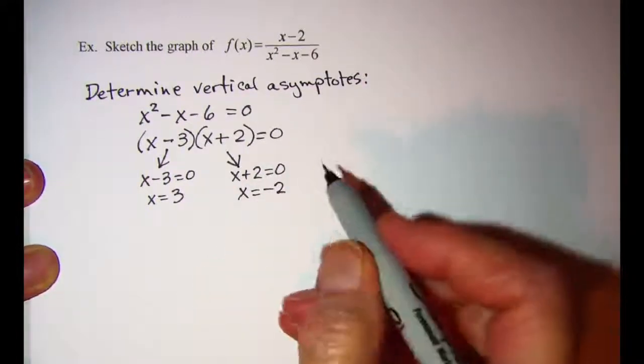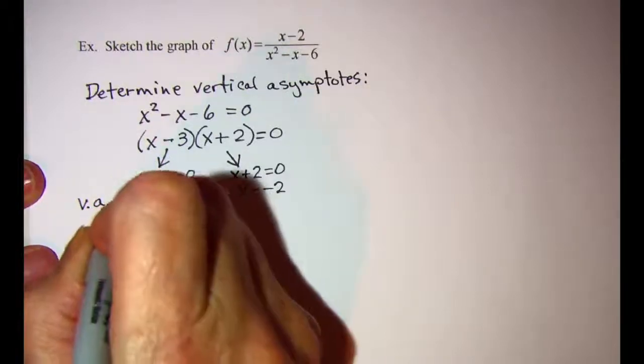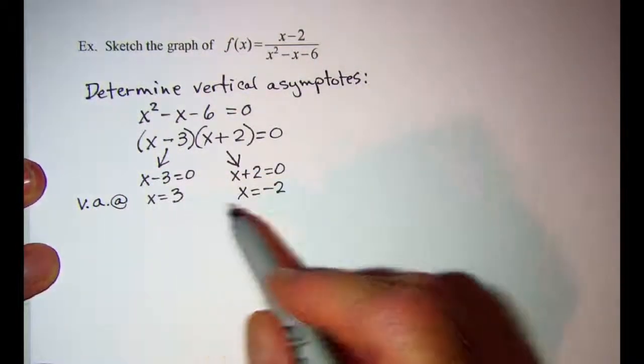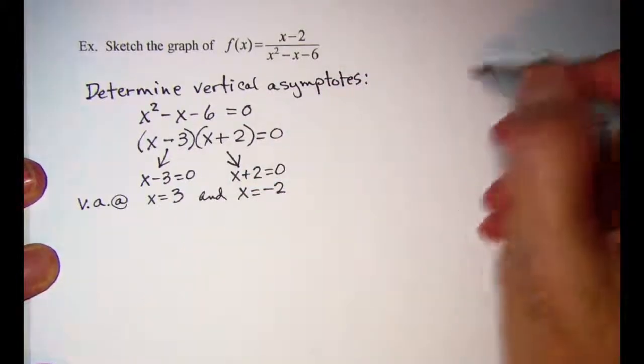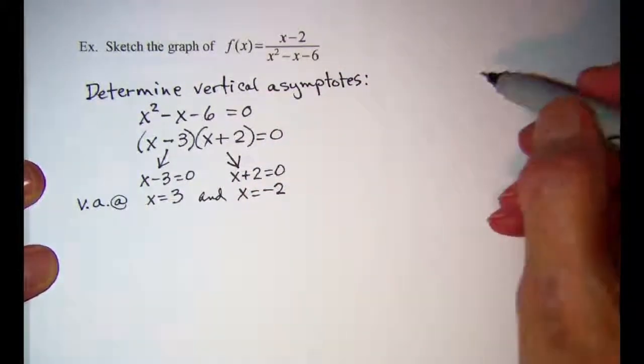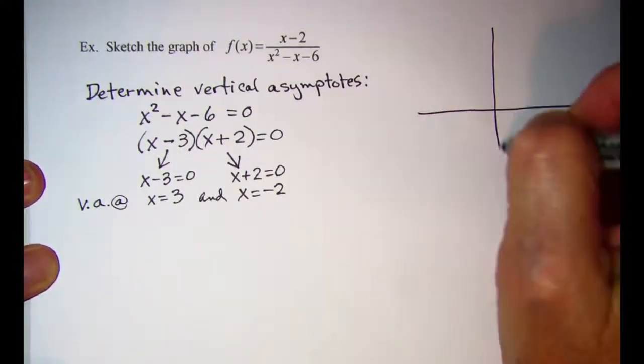So these are my vertical asymptotes at x equals 3 and x equals negative 2. So I'm going to start graphing my equation over here.